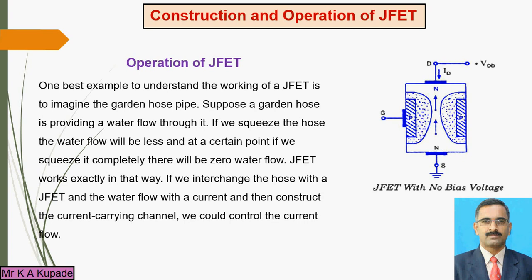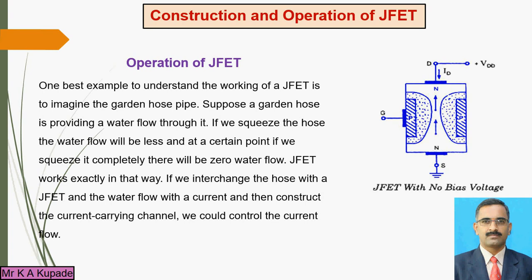In the figure I just explained, this D point indicates the drain terminal and the S terminal indicates the source. This is an n channel bar having a p type substrate at the gate side.